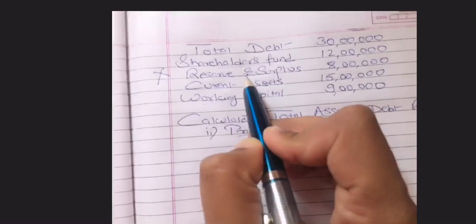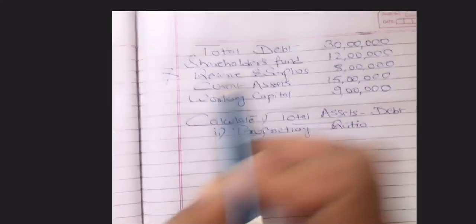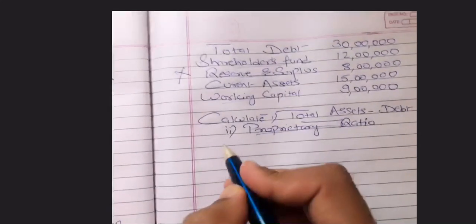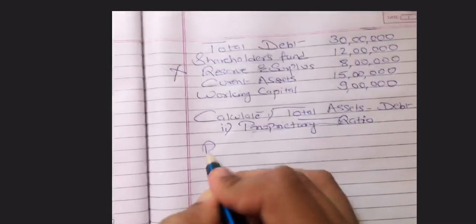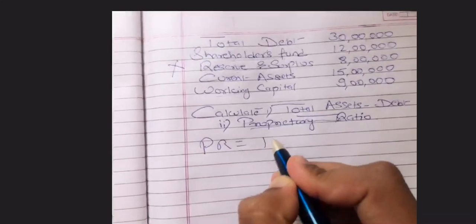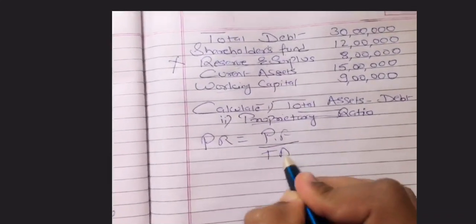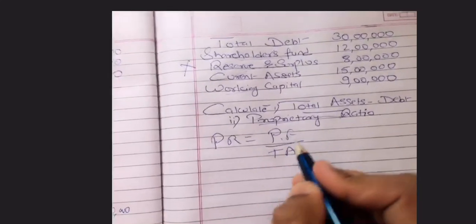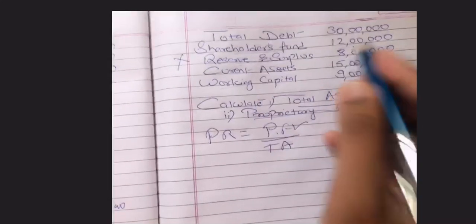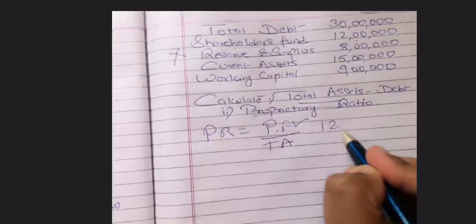So reserve and surplus will not be considered. For proprietary ratio, again I am writing the formula: proprietary ratio is proprietor's fund or shareholders fund upon total assets. Shareholders fund is given in the question, that is 12 lakh.